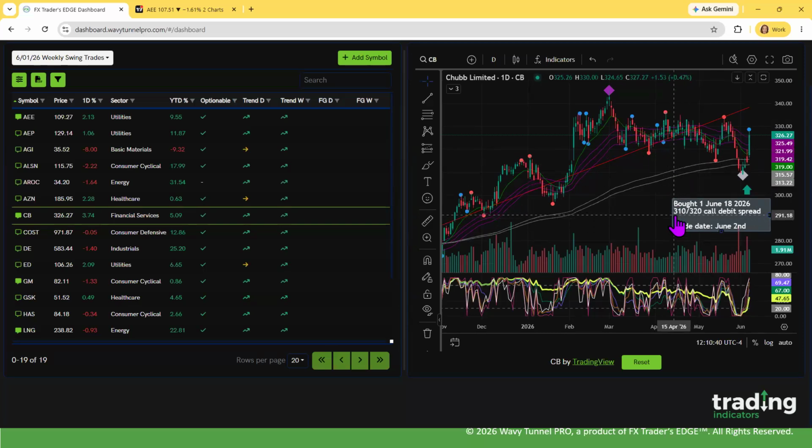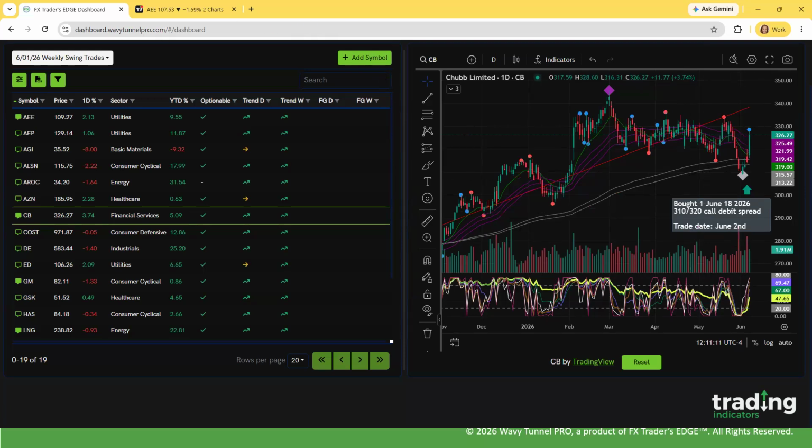Actually, with a call debit spread, you're buying the 310 call and paying a premium for that, and you're selling the 320 call against it, so you're reducing the overall premium. That's how it works. I did it a little in the money, so 310 to 320, when the price was about 313, I would imagine.